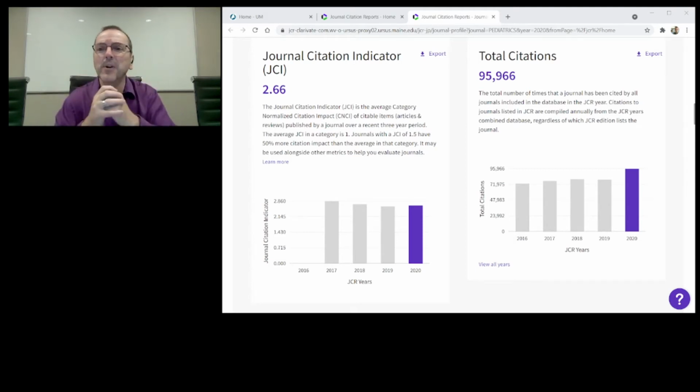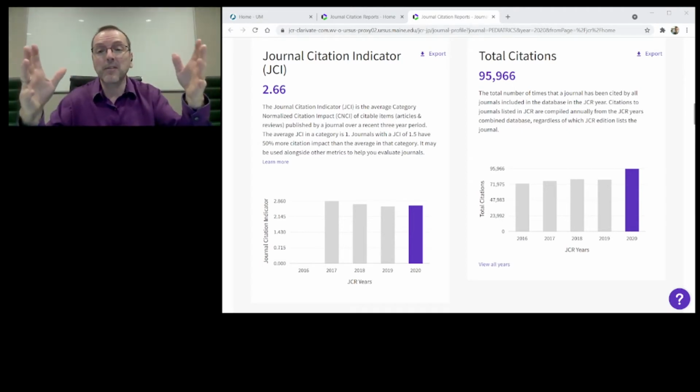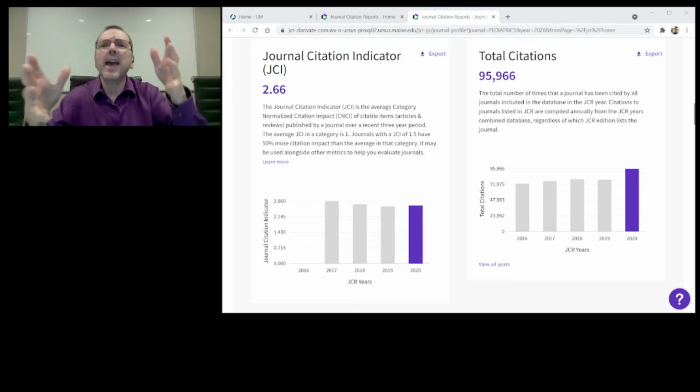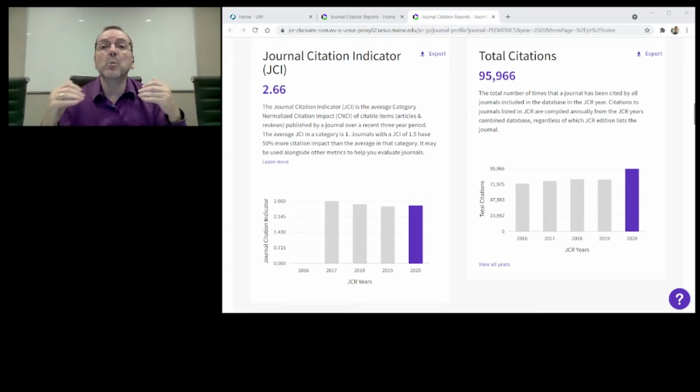It takes into consideration things like the type of journal, the year it's in, the subject area, and standardizes that so that it's relative. Your number of citations are relative to what you would have expected for a journal of that type in that category at that point in time.